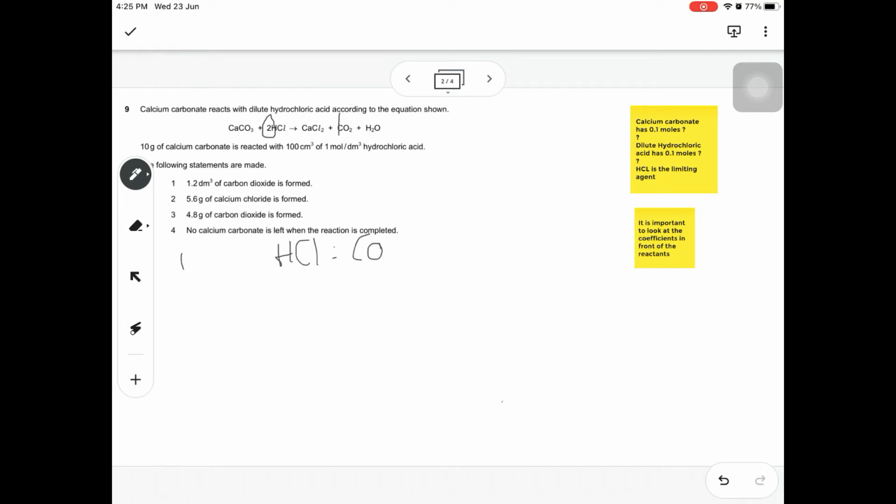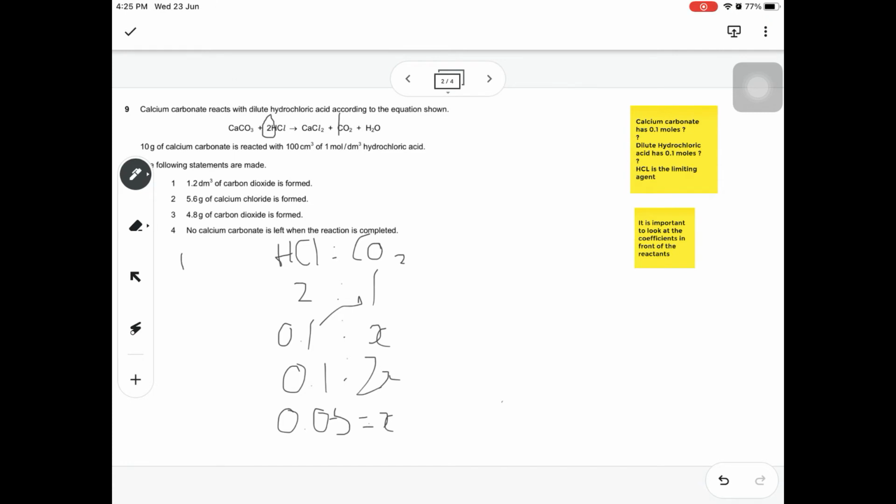So there's 0.1 moles of it. So x, 0.1, cross multiplication, 0.1 over 2, x equals 0.05.